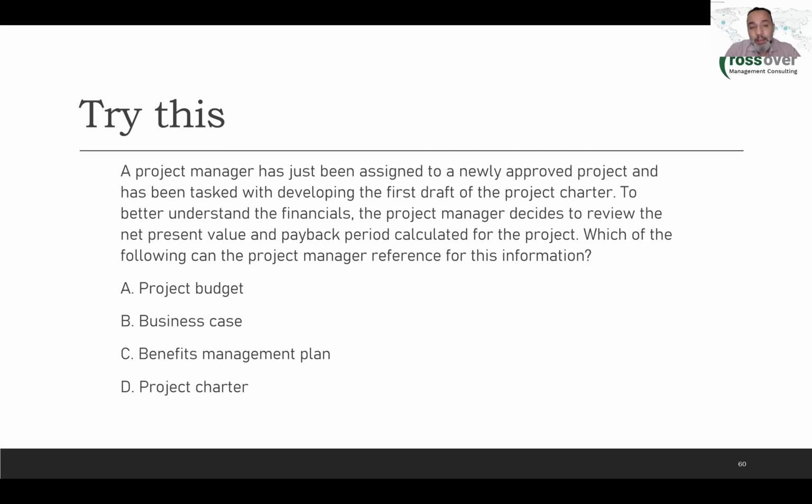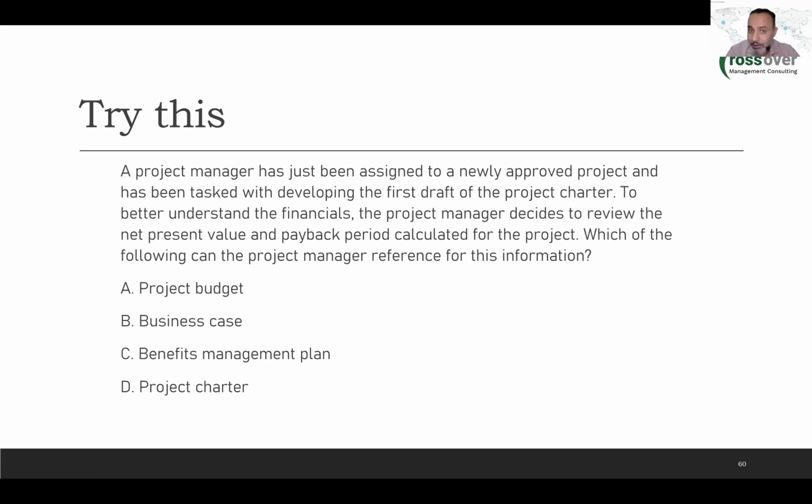So where would the project manager find this information? In the project budget, in the business case, in the benefits management plan, or in the project charter? Yes, the business case, which is a summary of the feasibility study. Now, the benefits management plan can indicate those numbers, but without explanation.